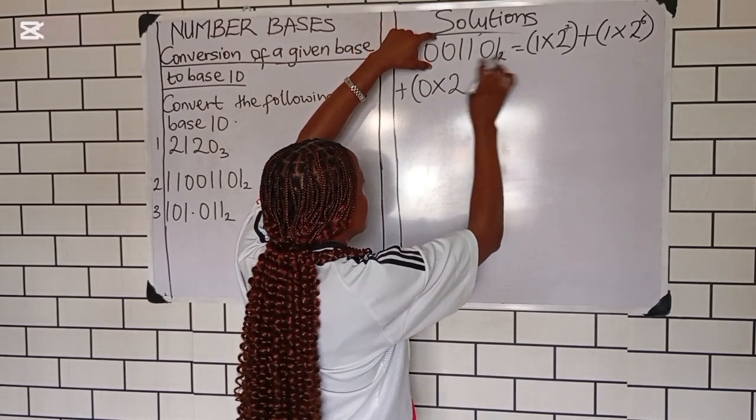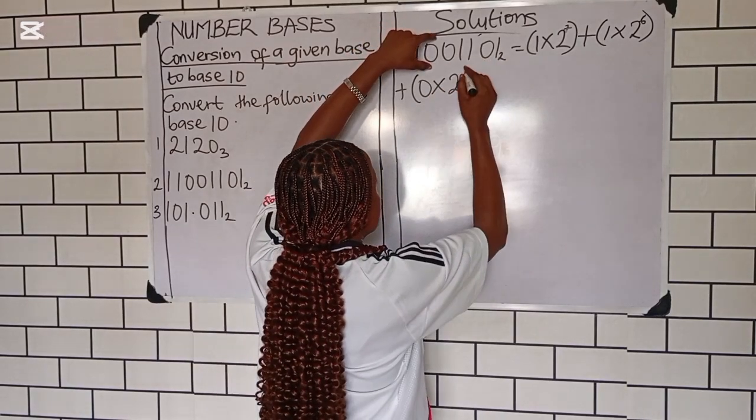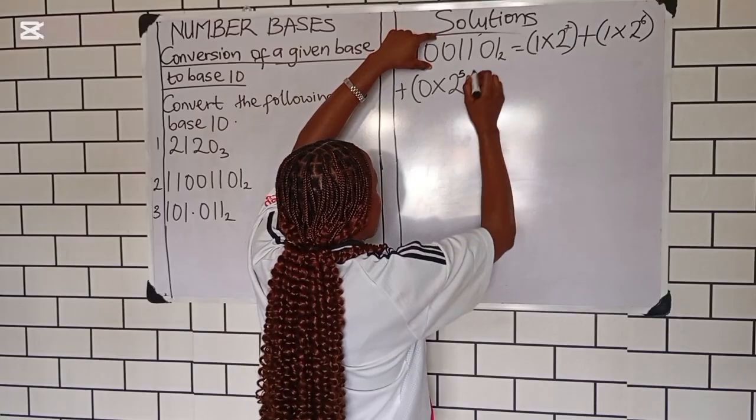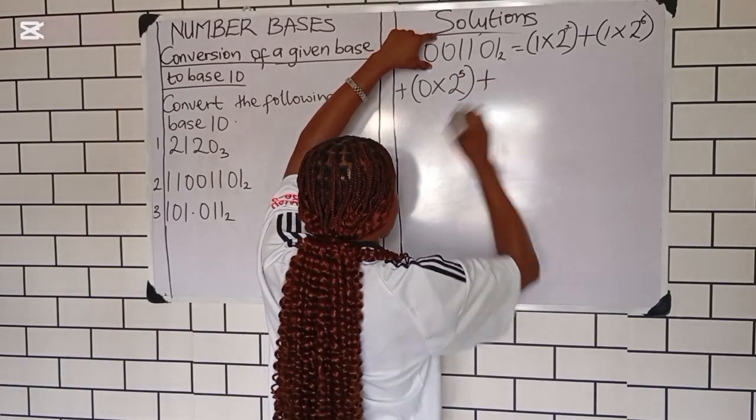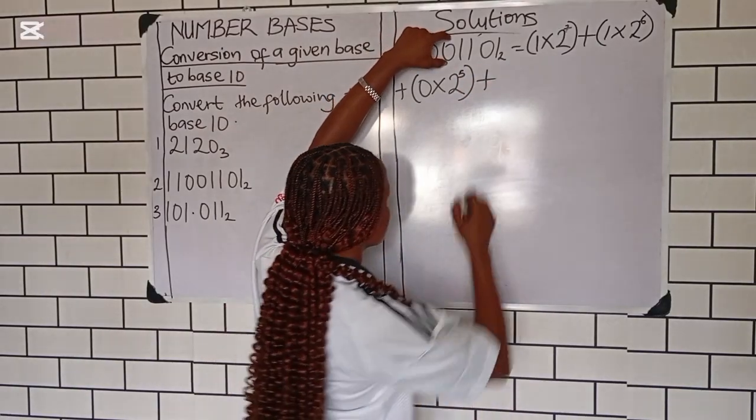Count the number of digits that are here, which will be 5, raised to power 5, plus the next number here is 0 again.